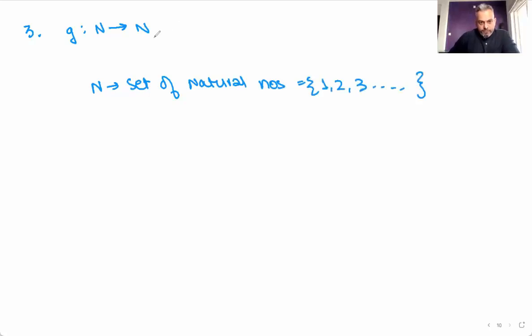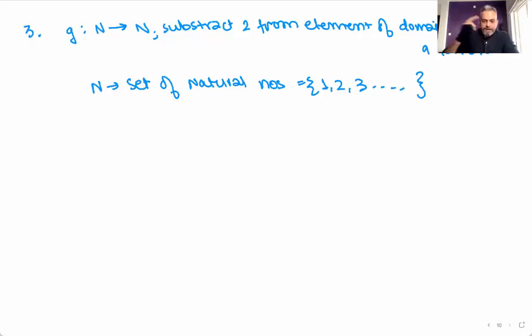Now subtract 2 from elements of domain. Is this a function? Let's check.